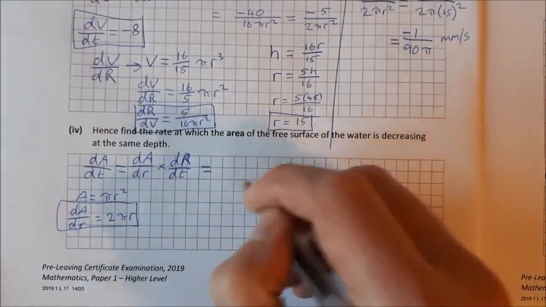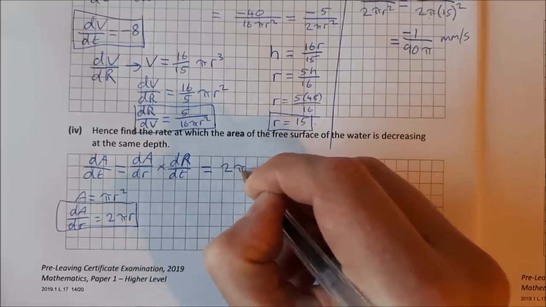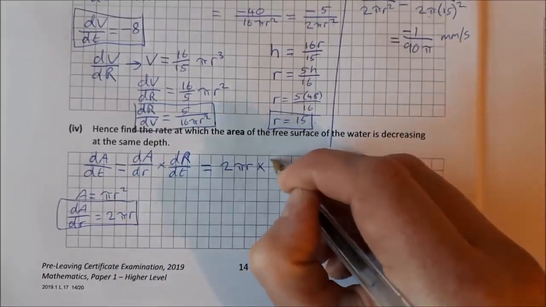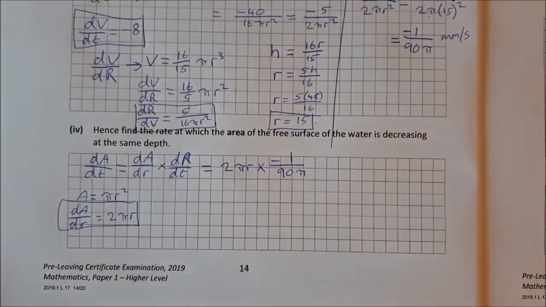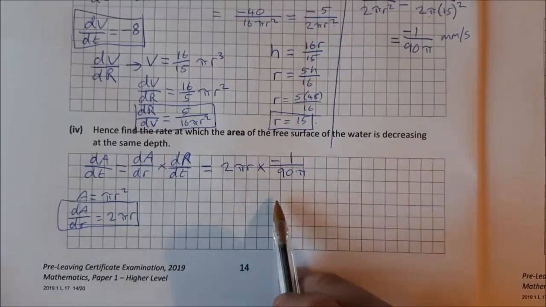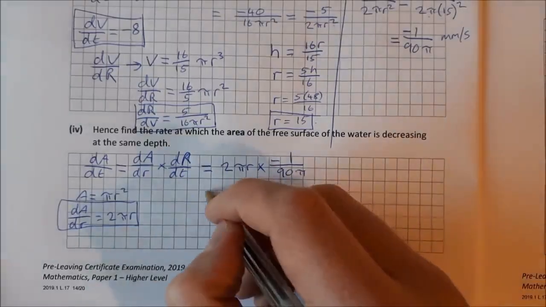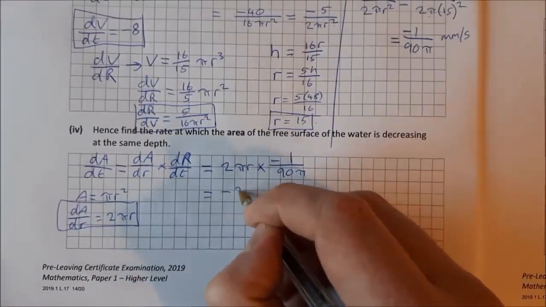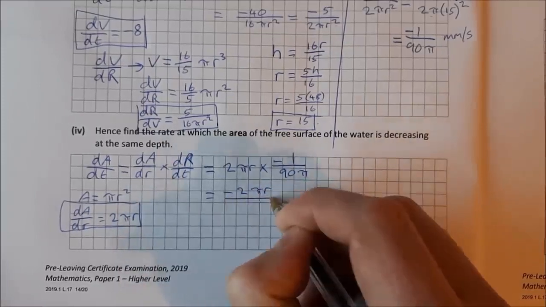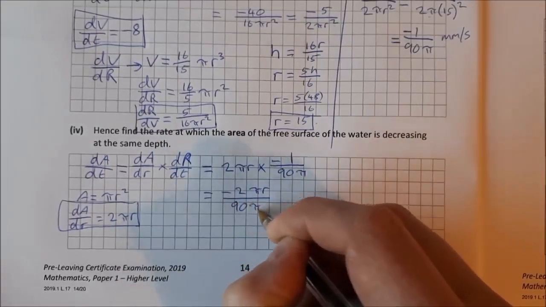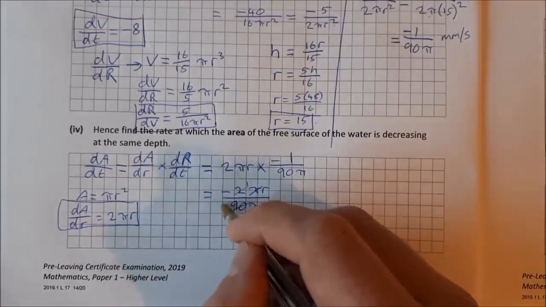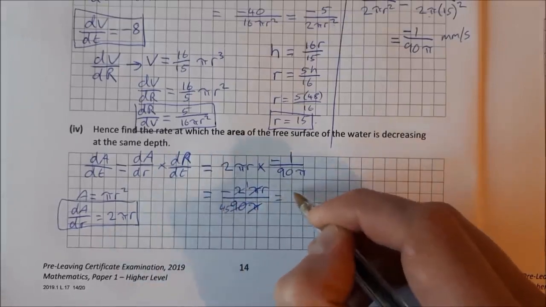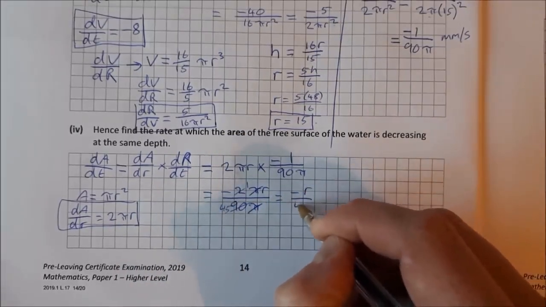So that is 2 pi r multiplied by minus 1 over 90 pi. So that's equal to minus 2 pi r over 90 pi. The pi's will cancel. 2 into 2 is 1, 2 into 90 is 45. So that's equal to minus r over 45.